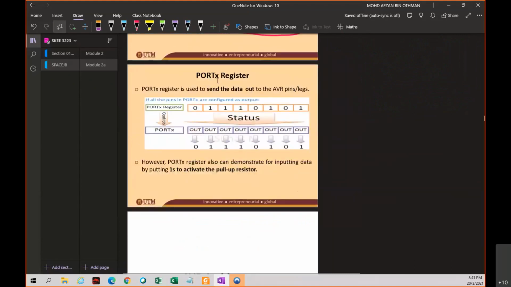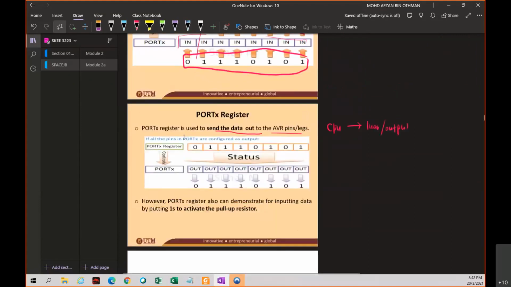While for the port X register, okay, so port X register is used to send the data out to the AVR pin. Maksudnya kamu nak hantar daripada CPU, nak hantar data ke luar ataupun output.